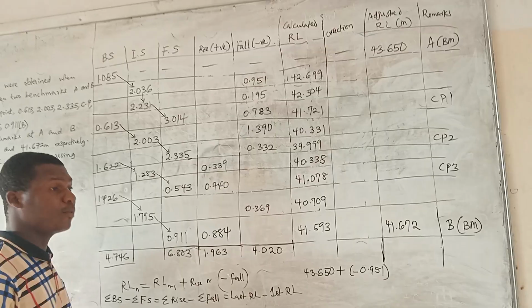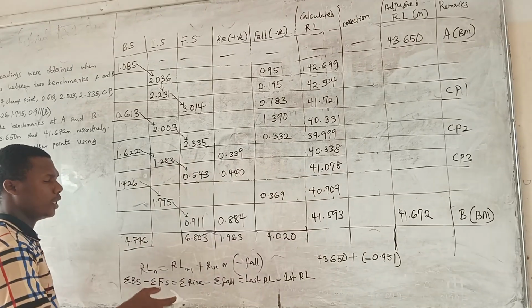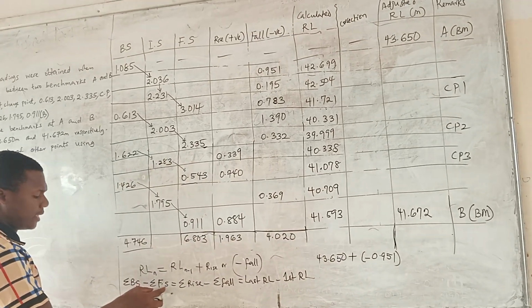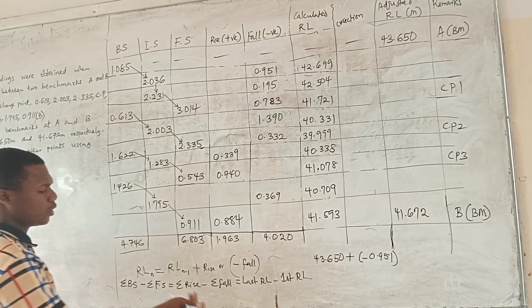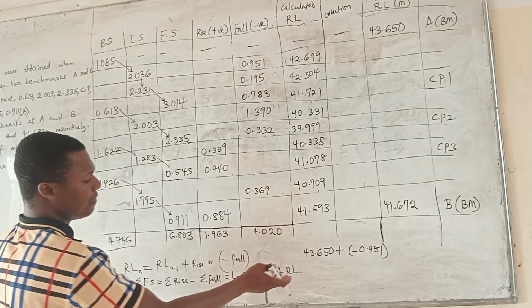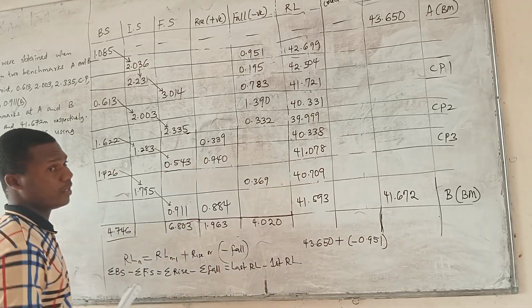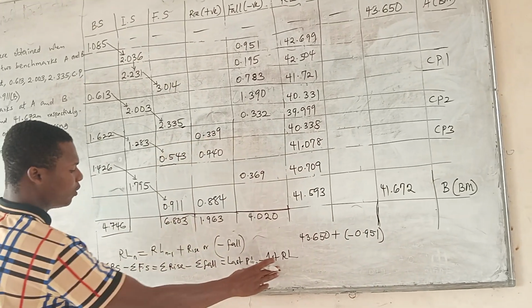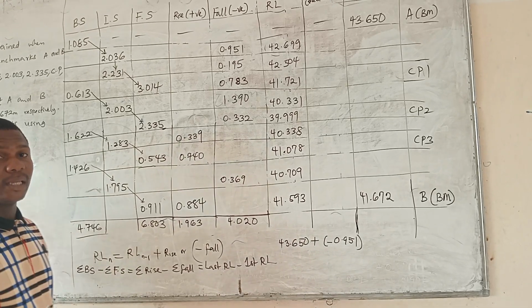Now, in some textbooks, you will see they write it this way: the summation of foresight minus the summation of backsight equals the summation of fall minus the summation of rise equals the first reduced level minus the last reduced level. The goal is, the answers you get for these must be the same thing.